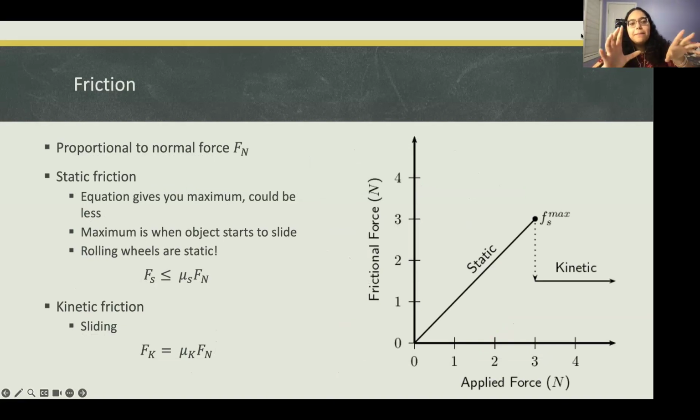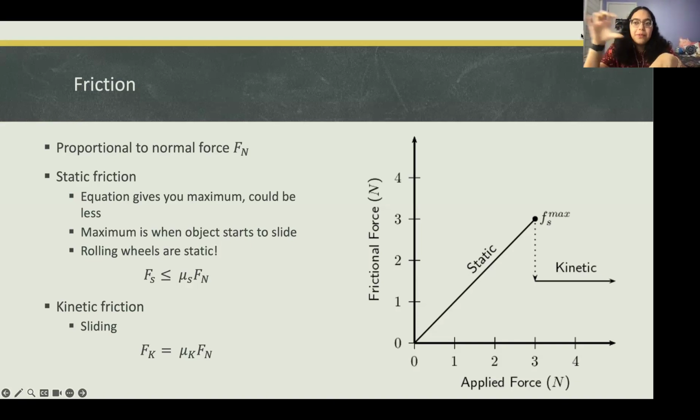We'll get into that. The equation is an inequality for static friction, and that's because if you're pushing something, as you can also see in the graph there, say you're applying 1 Newton and it's still not moving, then your static friction is 1 Newton. It's just canceling out. Then you apply 2 Newtons, it's still not moving, so your frictional force is 2 Newtons and they're canceling out, the object is staying still.